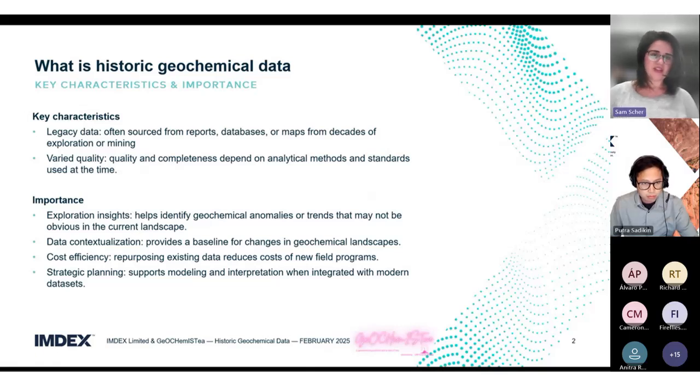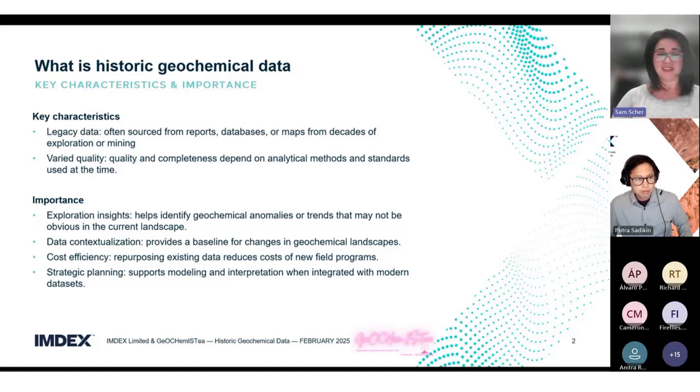So what's historic geochem data? Historic and legacy are often used interchangeably, but this kind of data will be sourced from reports, or from databases that you get because you've acquired new companies. You can get them from maps too, but basically they're just decades of data from historic exploration or mining programs.